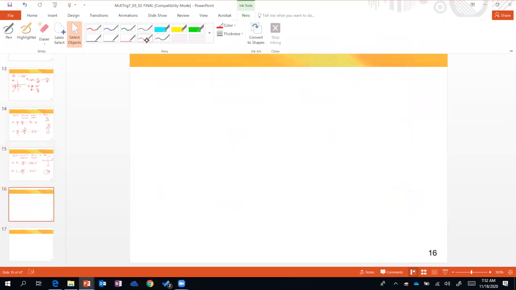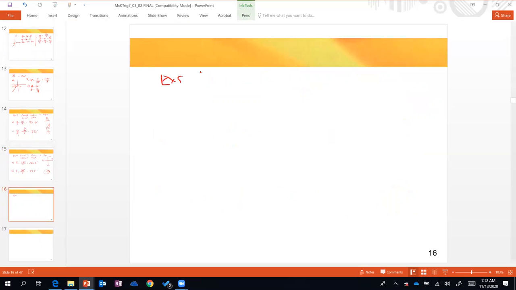Let's jam with that. Exercise 5, same process. Convert 2.77 radians to degrees to the nearest second.